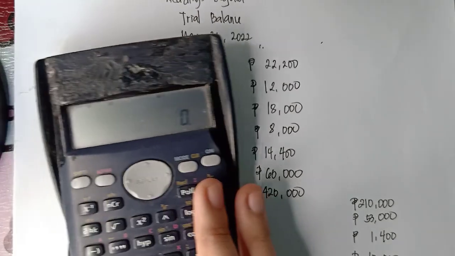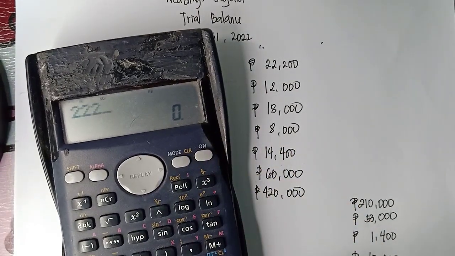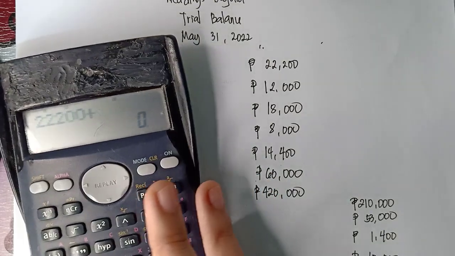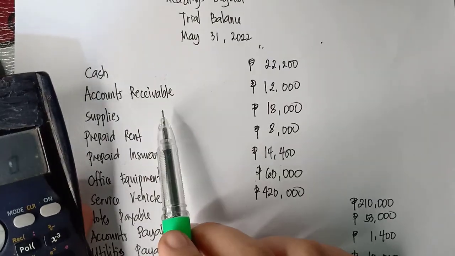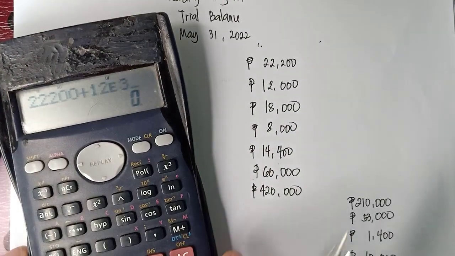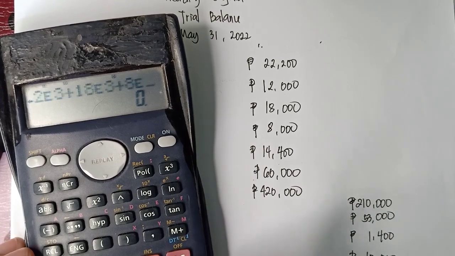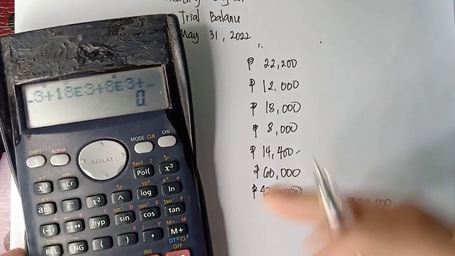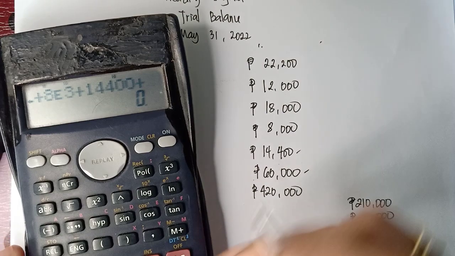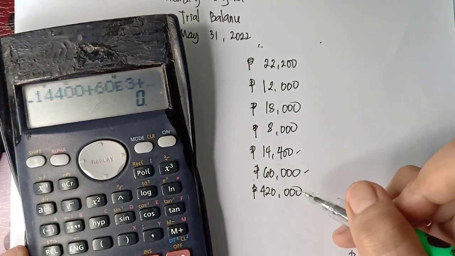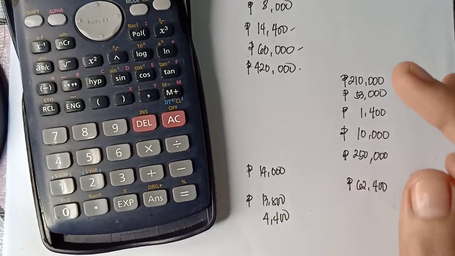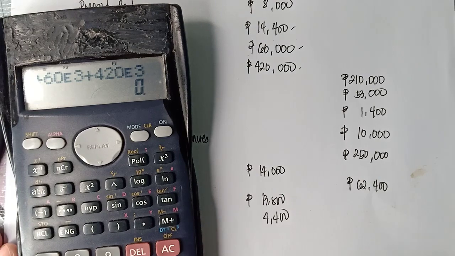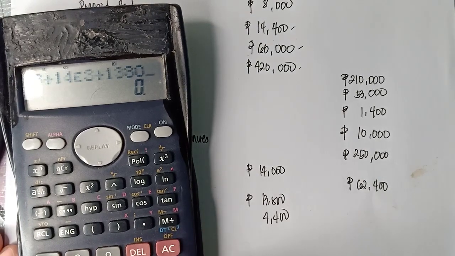We have cash of 22,200 plus accounts receivable of 12,000 plus 18,000 plus 8,000 plus 14,400 plus 60,000 plus 420,000 plus 14,000 plus 13,800 plus 4,400.